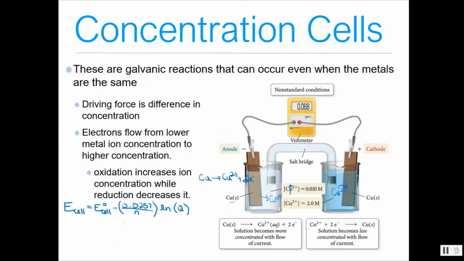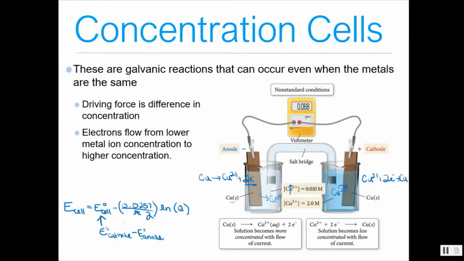Or over here in this cell, we have the copper 2+ accepting those 2 electrons and becoming copper. So we know that our n value is going to be 2. E naught of our cell, we would take the reduction potential E naught at the cathode minus E naught of the anode, and the reduction potential at the cathode is the same as the reduction potential at the anode. So my E naught cell is going to be equal to 0. Copper has the same electrical reactivity.